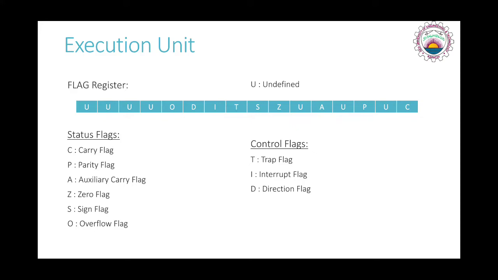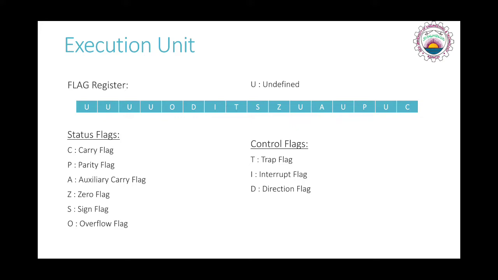Then auxiliary carry flag. Auxiliary carry flag shows that if there is a carry generated from bit number 3 to 4 when you have performed an addition. In case of subtraction, if you have taken borrow from bit number 4 to 3, then auxiliary carry flag will be having 1.